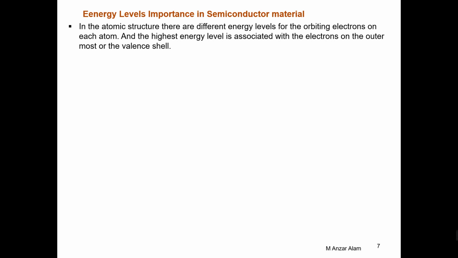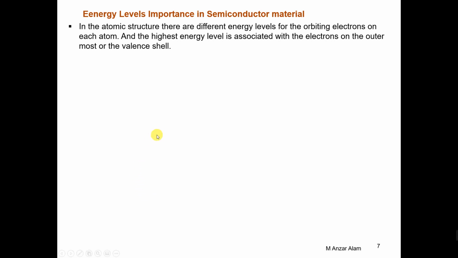We know how the electrons move because of the energy levels. Electrons have different energy levels in different shells. For example, those electrons which are away from the nucleus and orbiting around it have the highest energy.